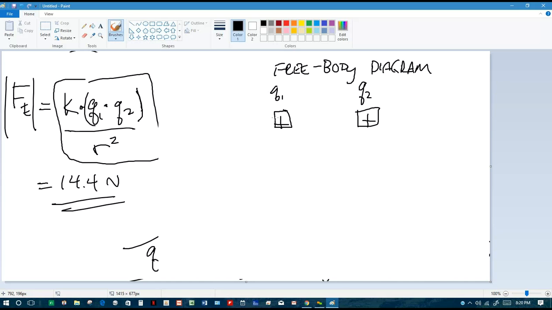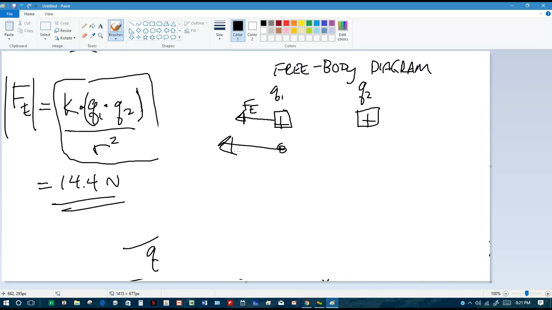So which way is he feeling a force then? If you feel a force to the right, you're going to move to the right, no? He's feeling a force to the left, and that's why he would move to the left.